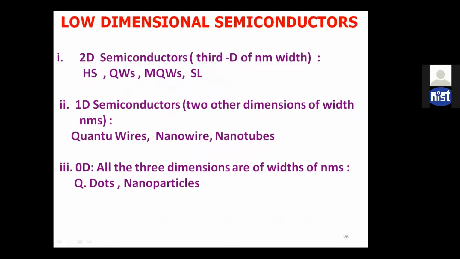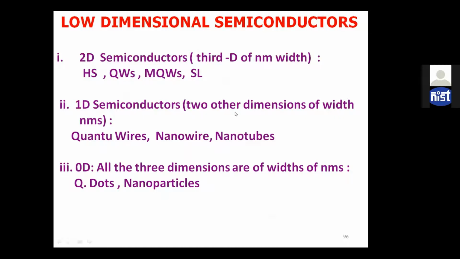That means when you reduce the dimensions of the semiconductor, when the width is quantized, then we get the heterostructure or quantum well, multiple quantum well, superlattice, which is a 2D structure.